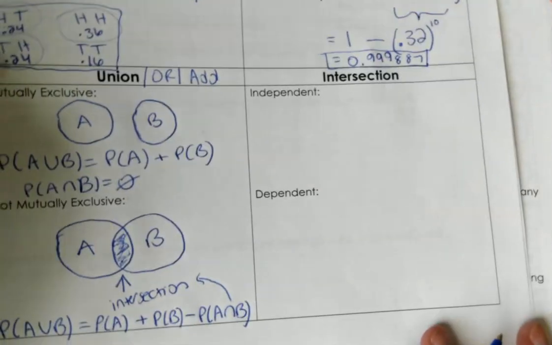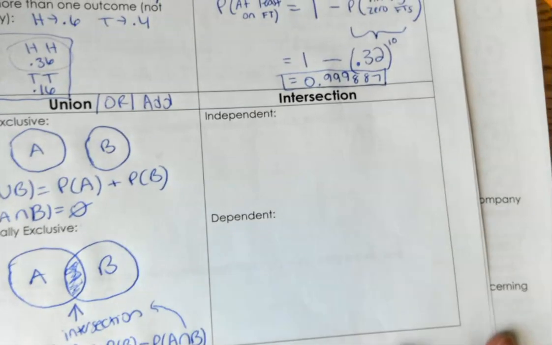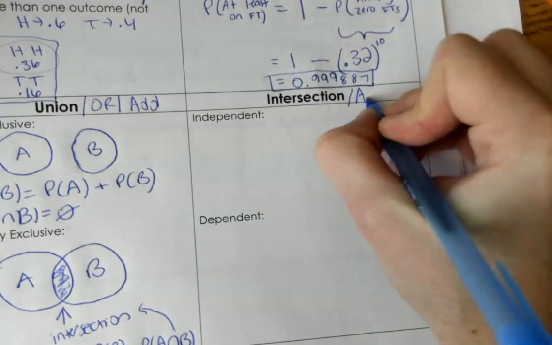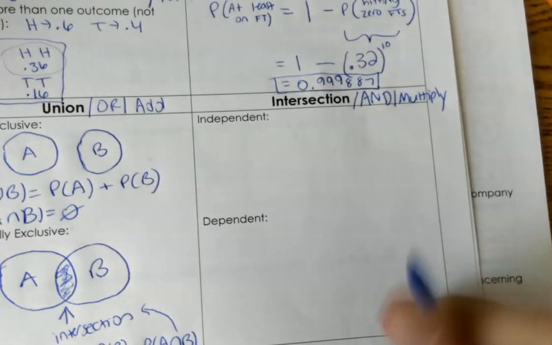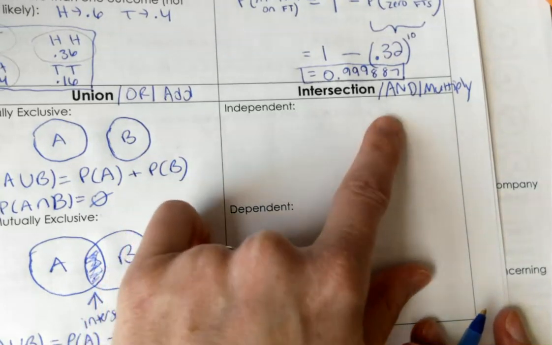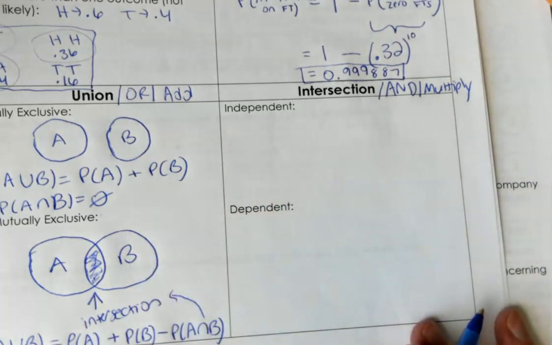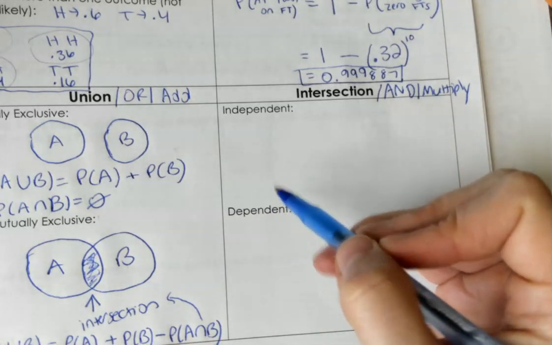All right. Now intersection. With unions, you should think OR and add. Intersections, I want you to think AND and multiply. So see here with these unions we've added. Here, if we're looking for an intersection between 2 events, we need to multiply. All right, so we have independent and dependent events.